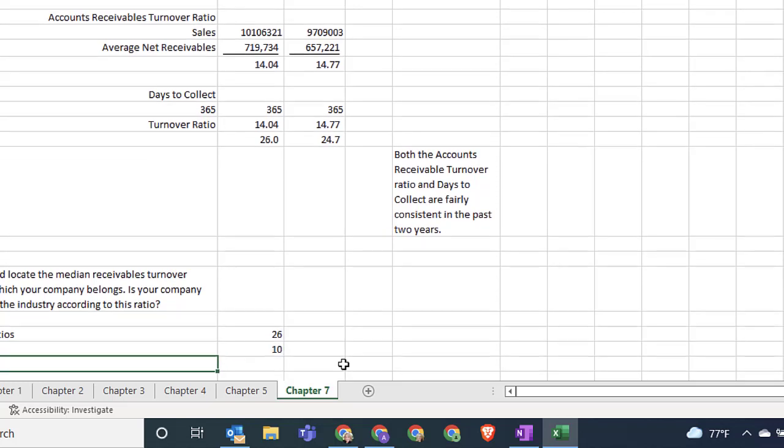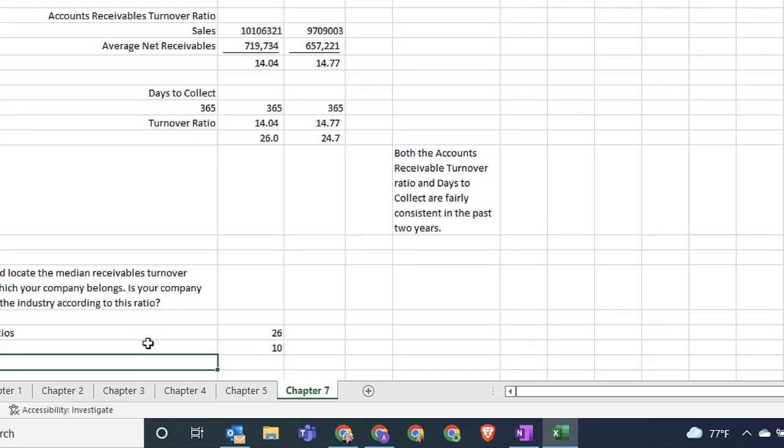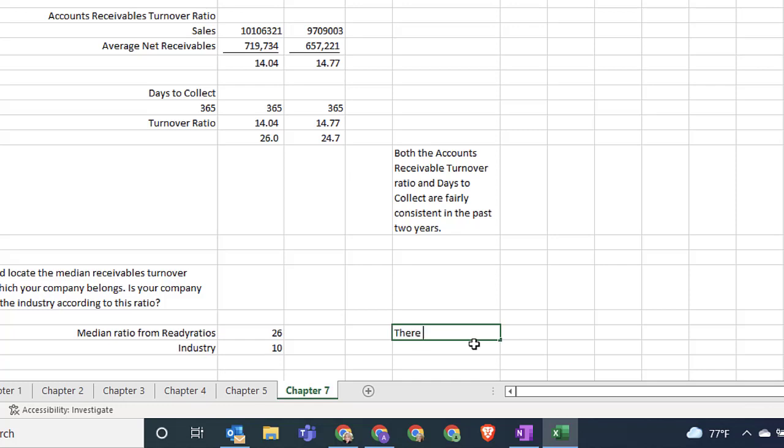They're a smaller industry, so from that perspective they are worse than their industry. Their days to sell were collect. I keep saying sell. Collect. Sorry guys.